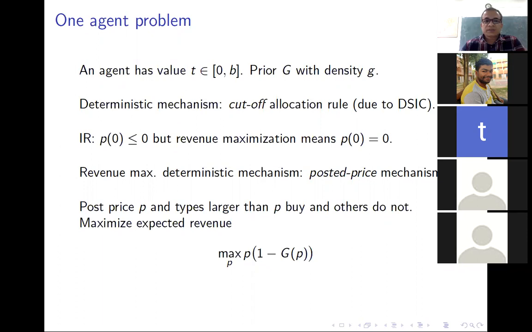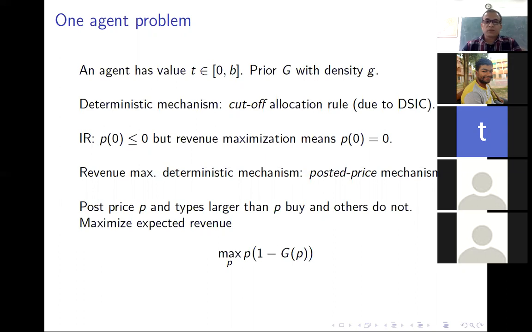Okay, so the seller has this. If the seller imposes IC constraints, essentially for a deterministic mechanism, all he can do is announce a cutoff, and above the cutoff, he will award the object to all the types, and below the cutoff, he will not award the object. Right. So if the buyer comes and reports a type which is below this cutoff, he won't give the object to the buyer, and above the cutoff, he will allocate this object.